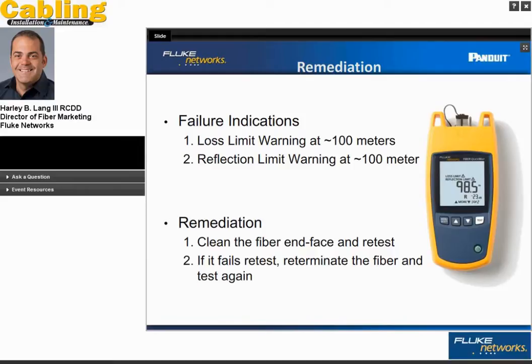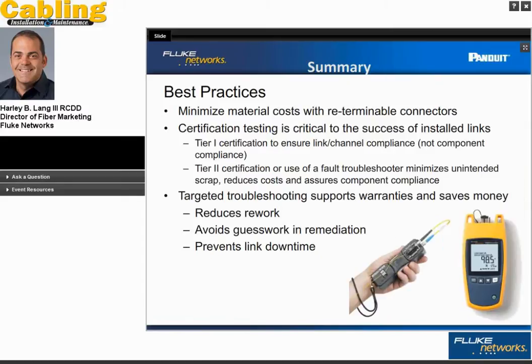So first, always re-clean the fiber end face and retest. If it fails the retest, then go through the re-termination procedures for that connector that failed.